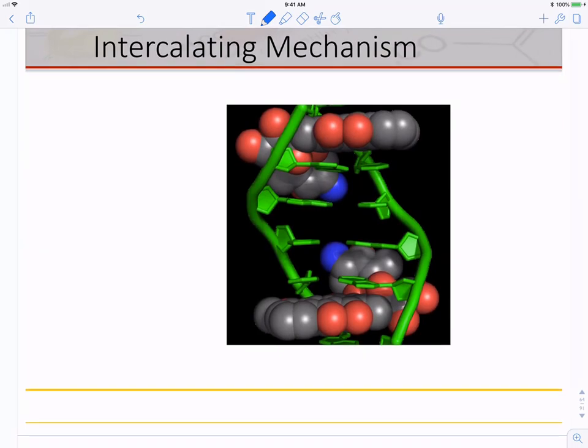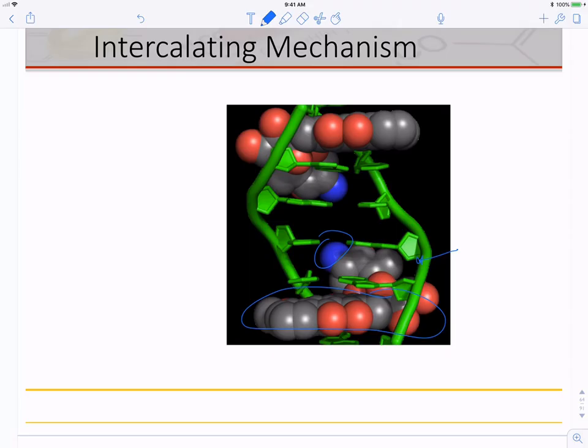Here's a picture of these antibiotics intercalated into DNA, and you recognize here the sugar with the primary amine sticking out. And remember, the backbone of DNA is negatively charged, and so having that positive charge helps with homing the antibiotics.